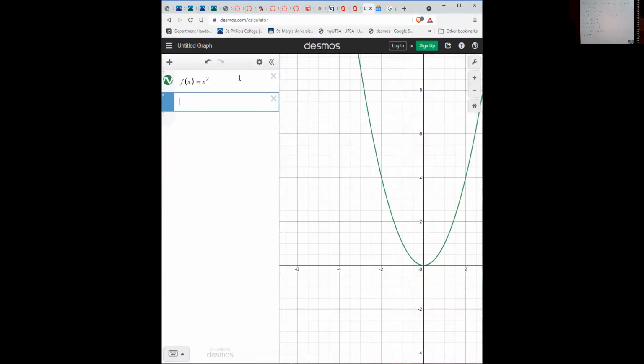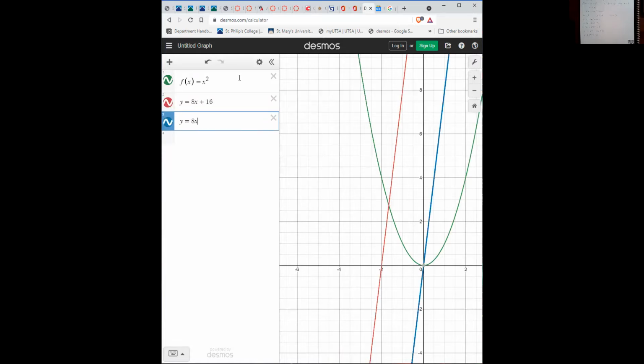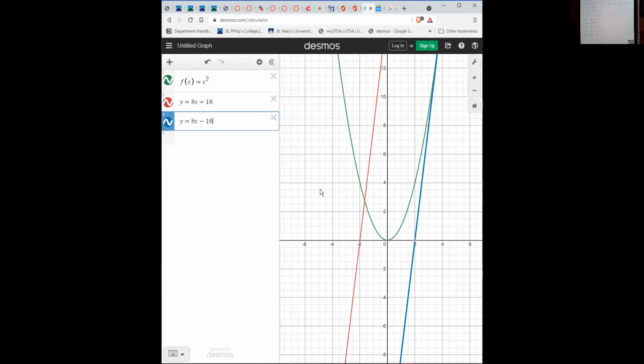Just so you can see what's happening, because I feel like there's a lot of ideas floating around without any visuals. The line that they gave us was this thing. The line that we found was this one, the tangent line. Okay. And then the point that we had to figure out was the point 4, 16.